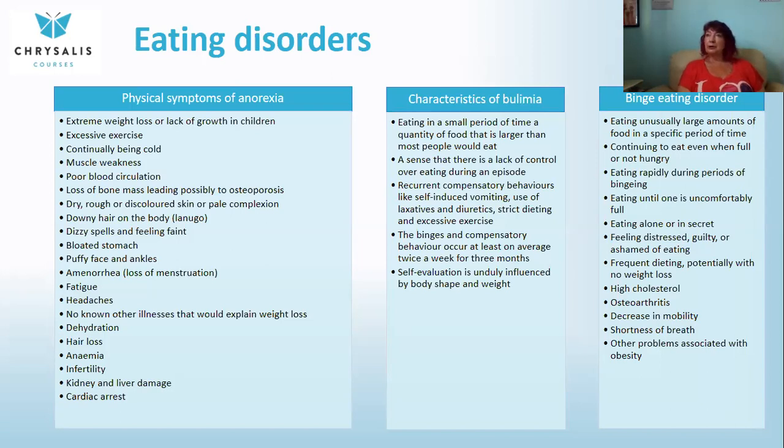And we need to think about whether we can actually deal with this, whether we need to refer to a GP. If somebody's got physical symptoms, they should always be referred to their GP to get checked out. And do we need to refer to specialist services?